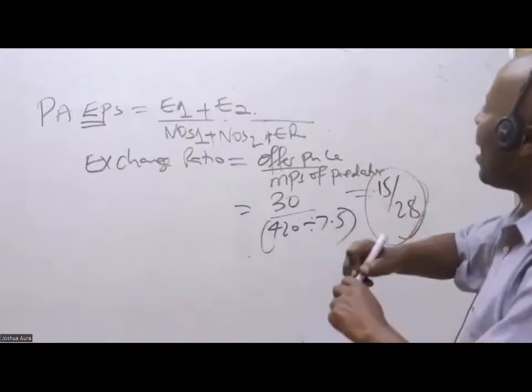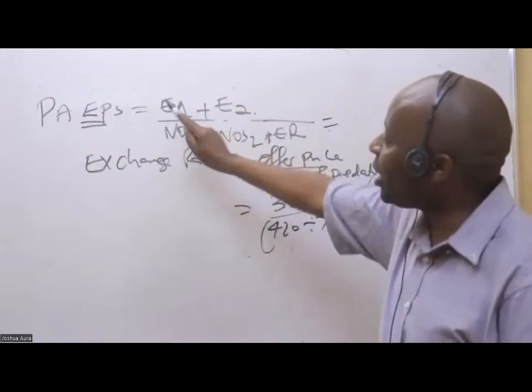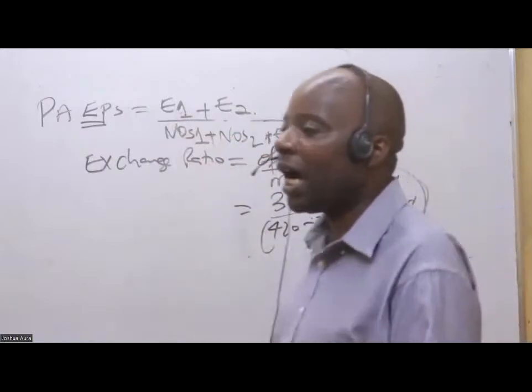So let's then get back to this. Remember, this is earnings of company one. Earnings of company one is the profit after tax.